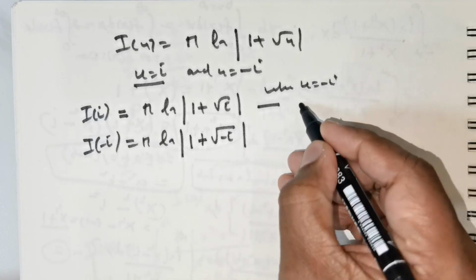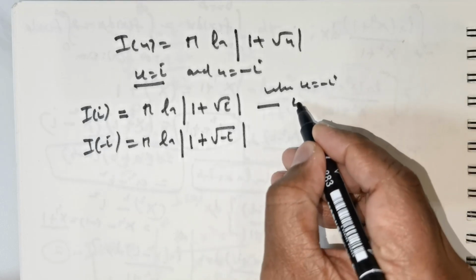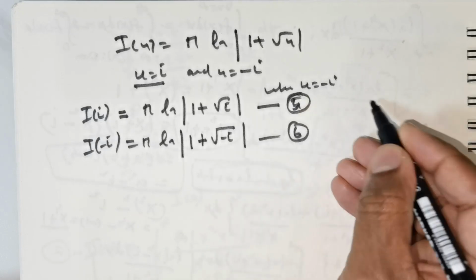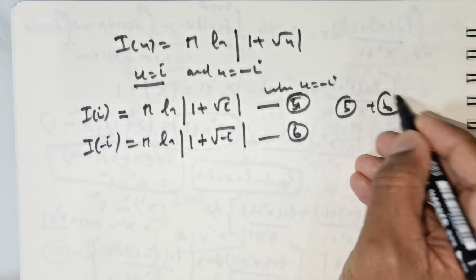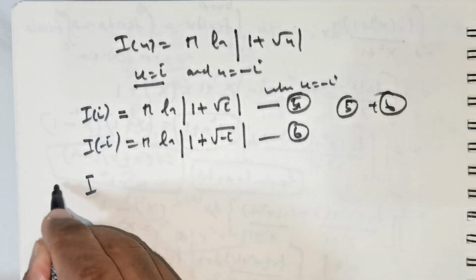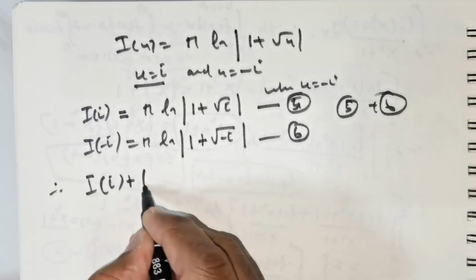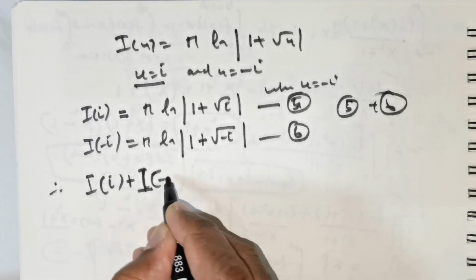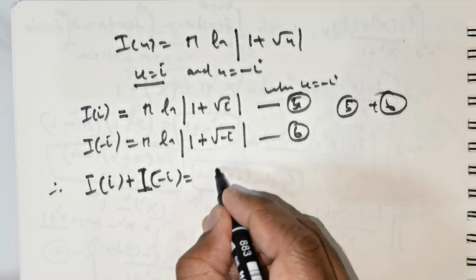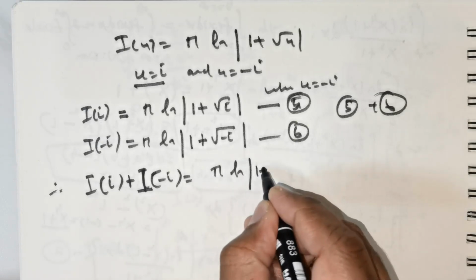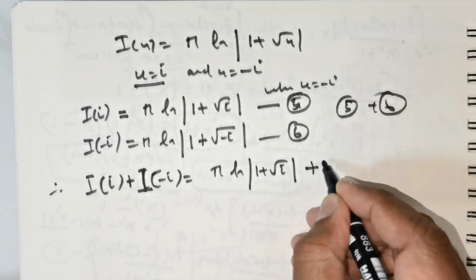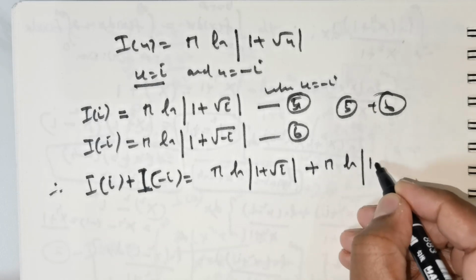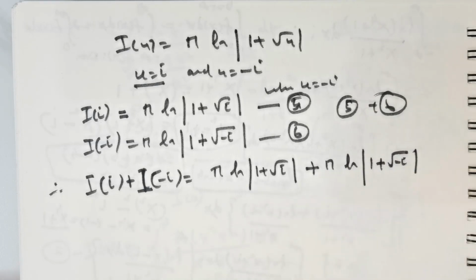Now if I were to take this as some 4 and 5 or some 5 and 6, just to be on the safe side, I need to add 5 with 6. Okay, adding 5 with 6. Therefore I of i plus I of negative i is equal to pi times ln modulus of 1 positive root of i positive pi times ln modulus 1 positive root of negative i.